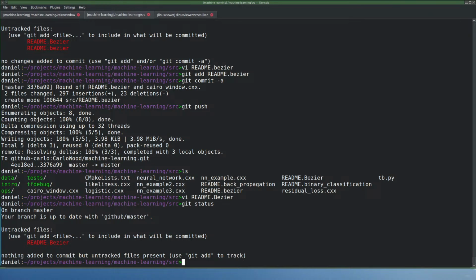Now what? A new program. I'm gonna call it... I guess there's no better thing to call it than quadratic Bezier, even though this one is also already about that.